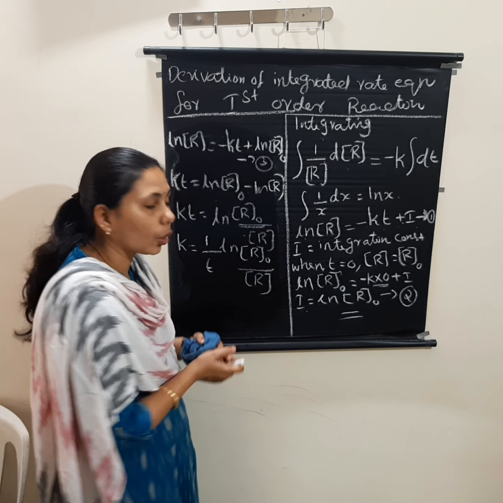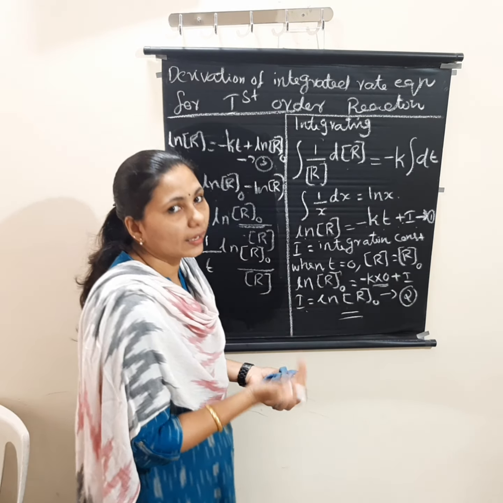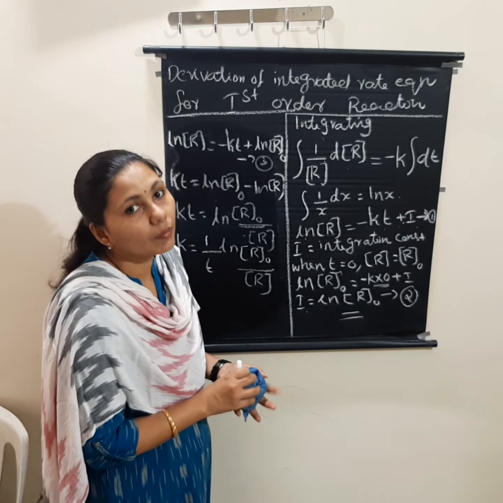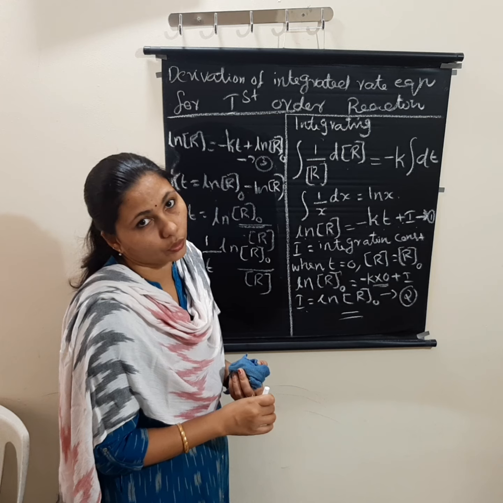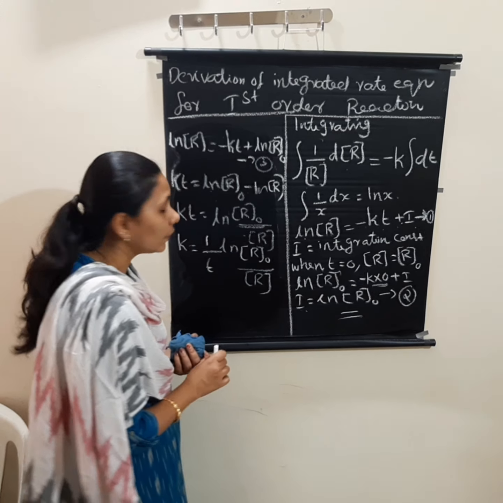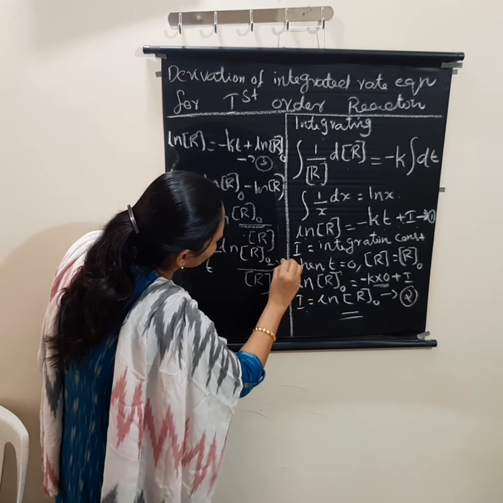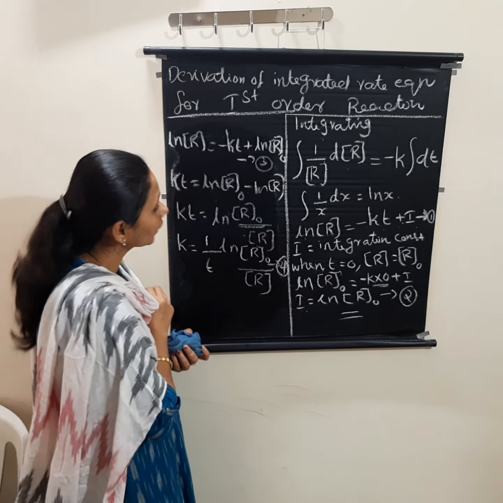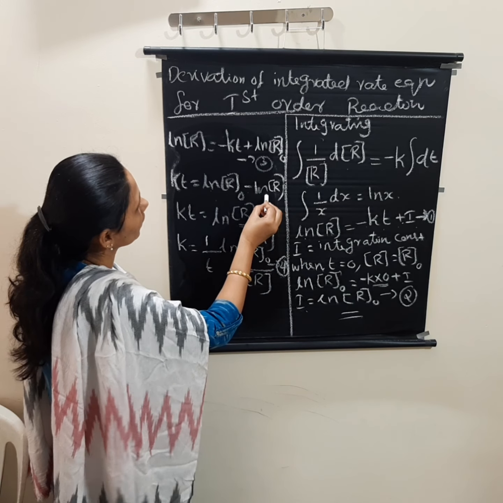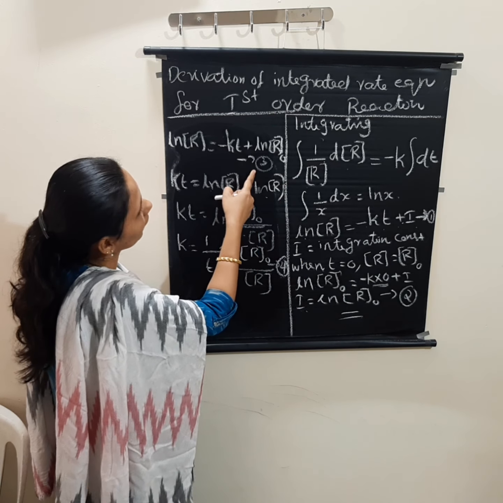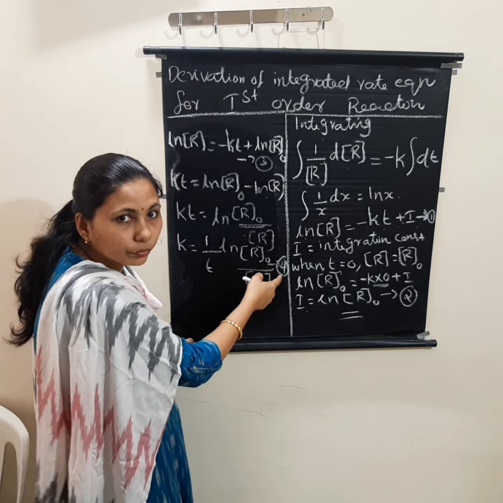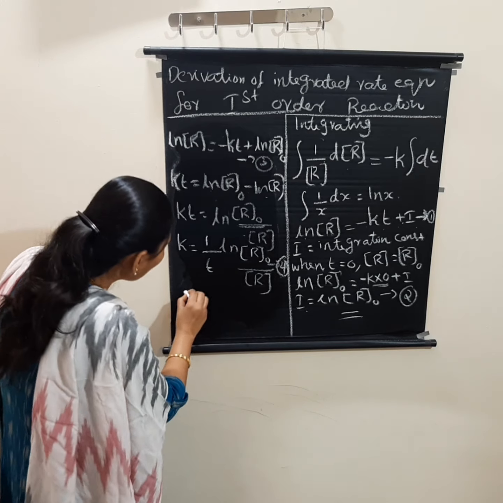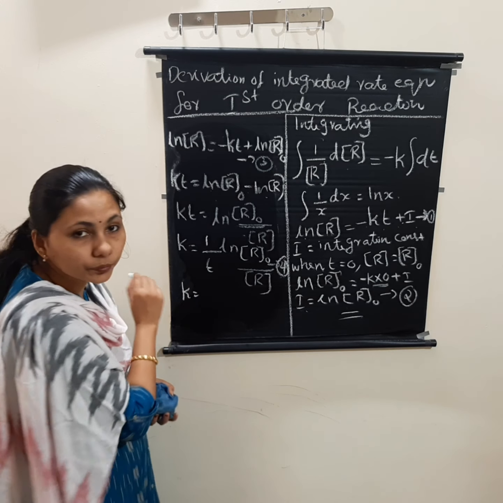Then I am removing the natural logarithm. If you are converting ln to the 10 base logarithm, we have to multiply with 2.303. This equation is marked as 4. The earlier equation we mark as 3.